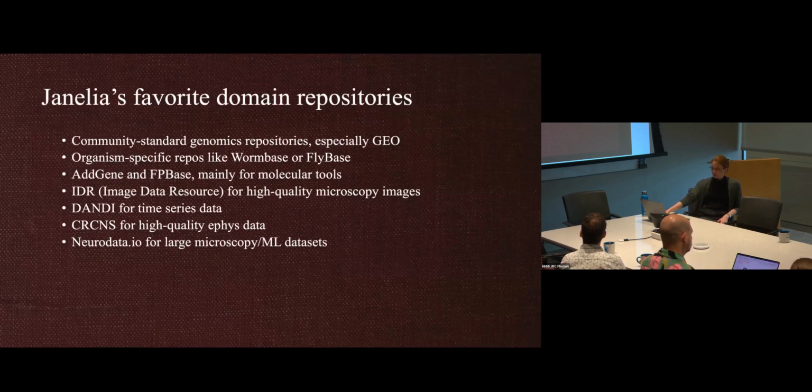The Image Data Resource is a repository for high quality microscopy images. From what I hear, it's a bit of work to get your images on there, but it's really nice, and it's meant for images that are meant to be reused. So it's really high quality data and metadata.